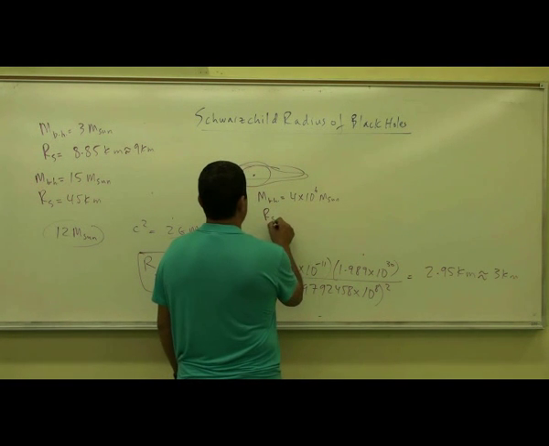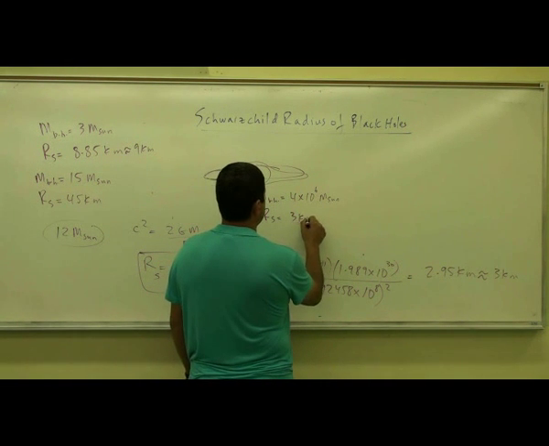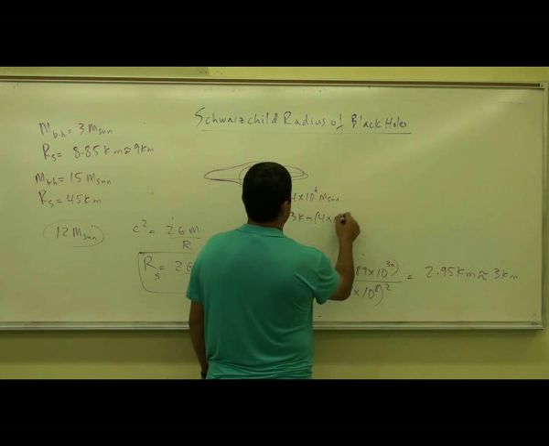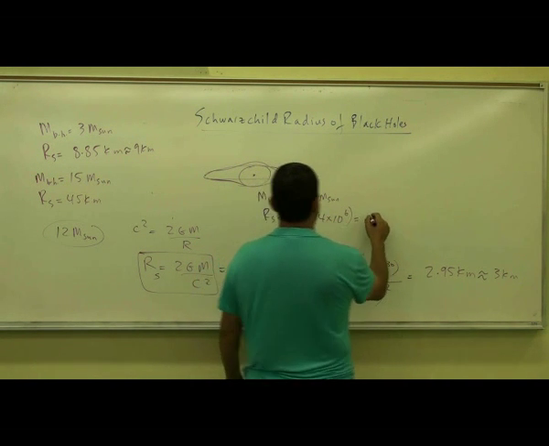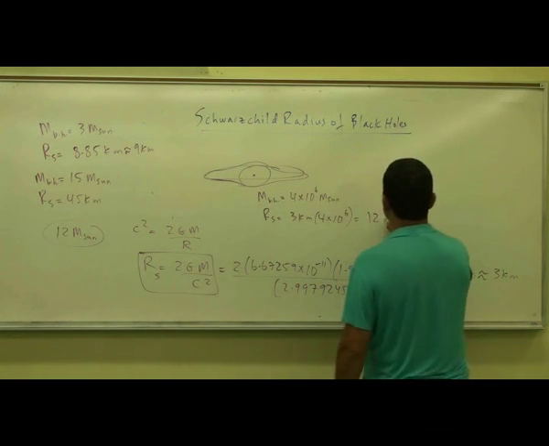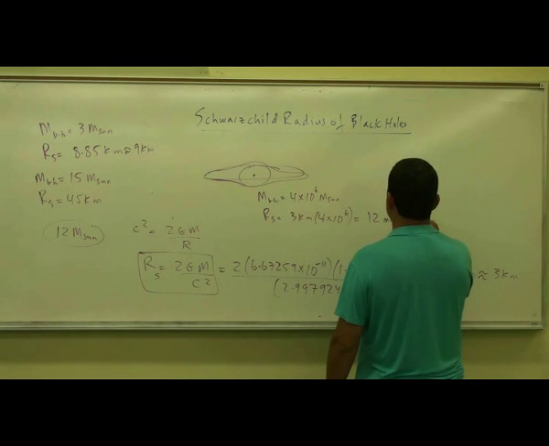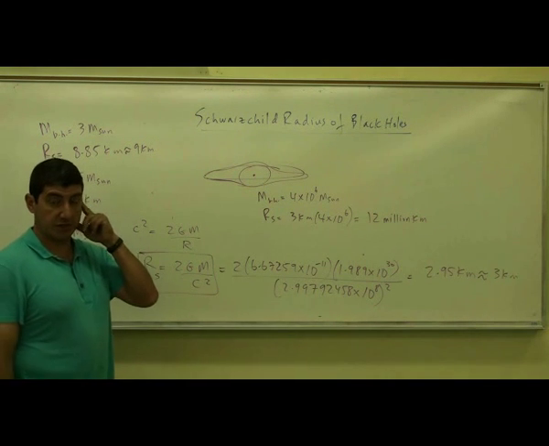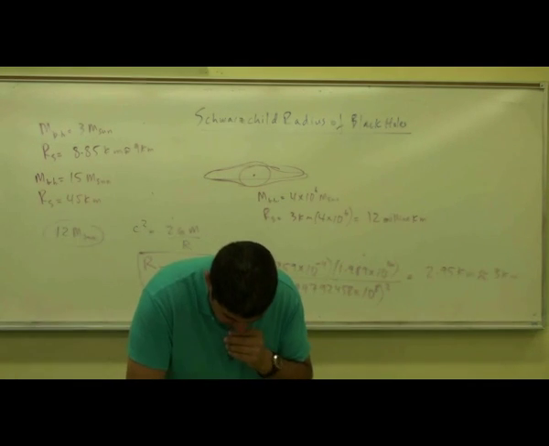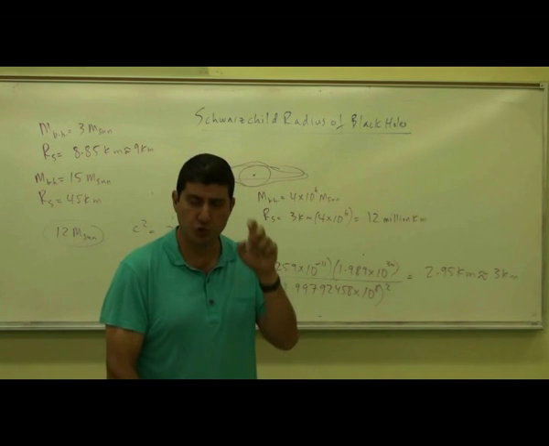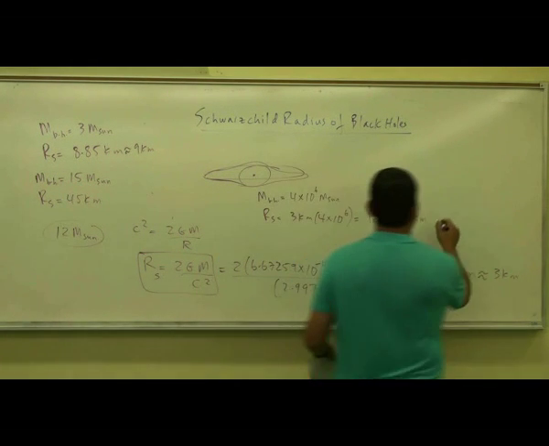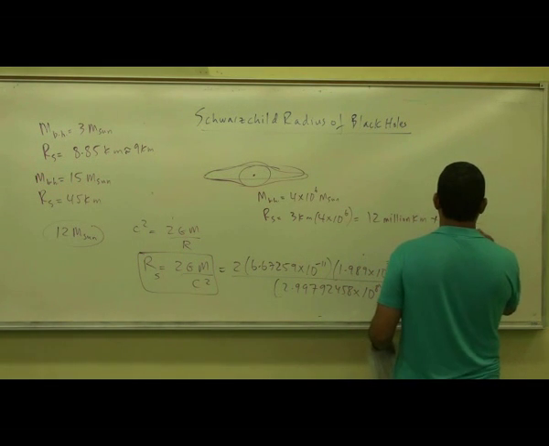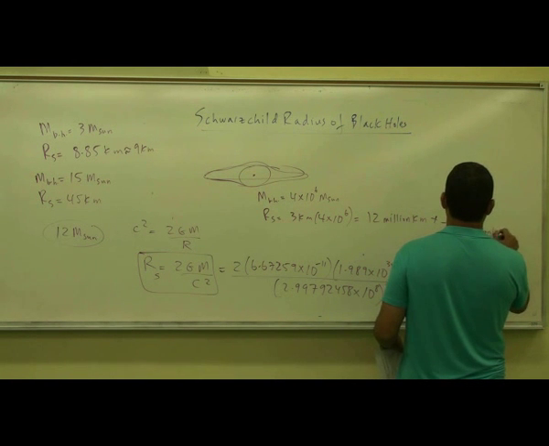So the Schwarzschild radius is going to be 3 kilometers times 4 times 10 to the 6th. So it's going to be 12 million kilometers. Is that pretty big? Well, we know that 1 AU is 150 million kilometers.